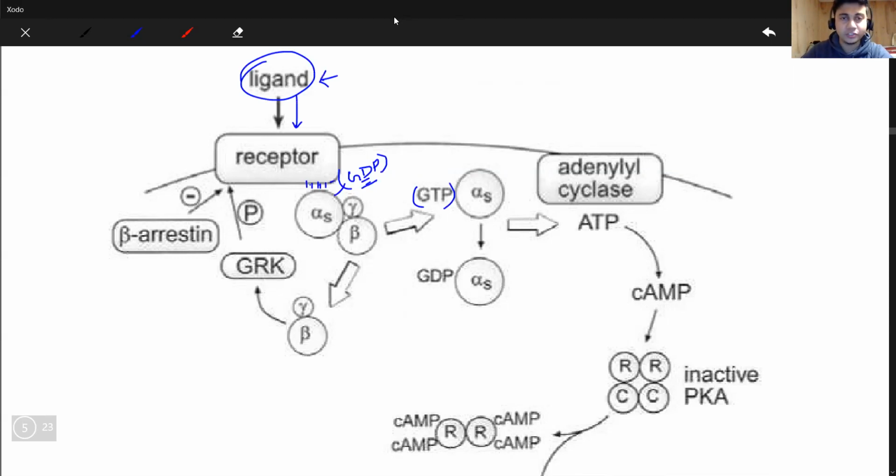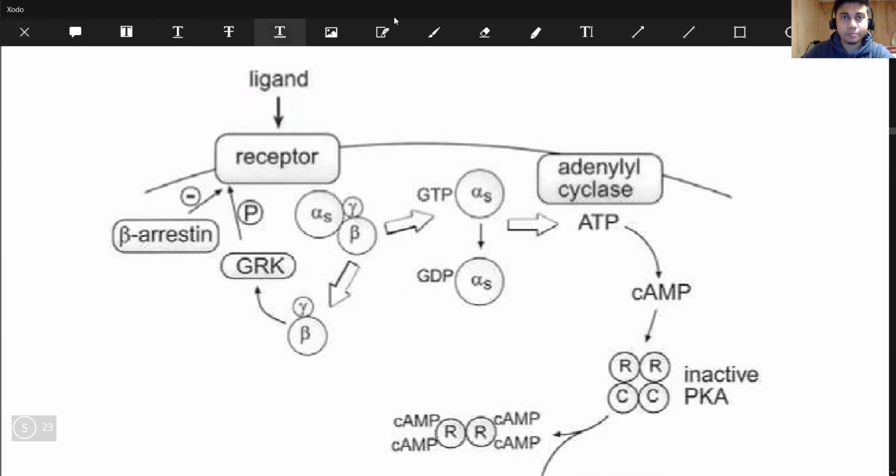Whenever this ligand binds to that receptor, this G protein has an attraction towards the GTP. Now GTP comes and GDP is removed. And not only is GDP removed, this whole alpha subunit will be detached from the beta and gamma subunits.